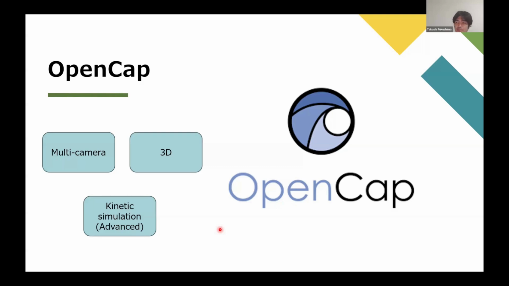OpenCap is software with which you can capture motions in 3D using multiple cameras. You can process the data, do kinematic analysis, and after that do kinetic simulation, for example, using OpenSim.